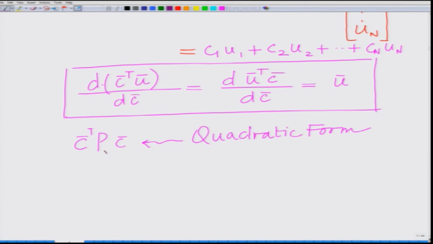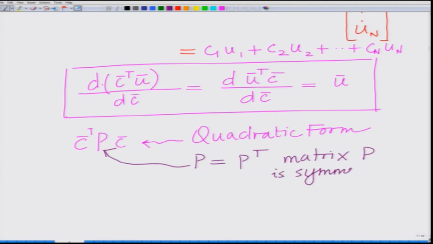Further, we are considering an interesting scenario where the matrix P is symmetric, that is P is equal to P transpose.